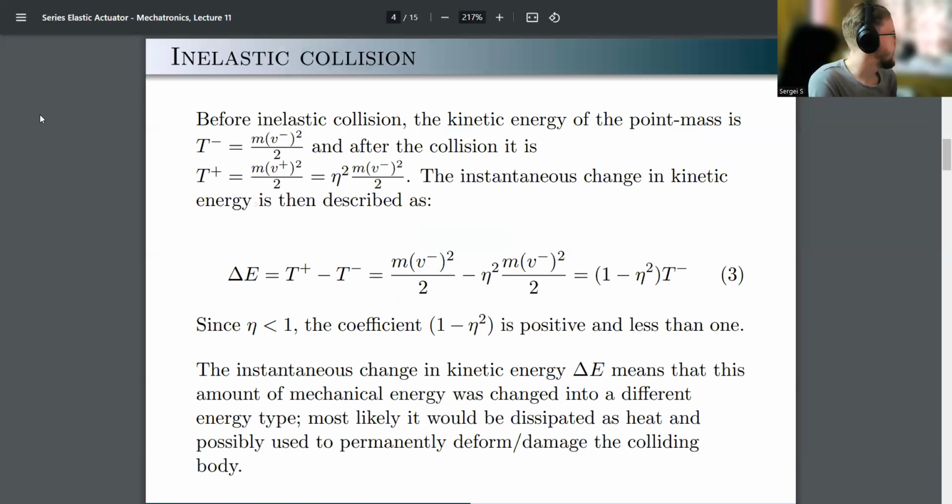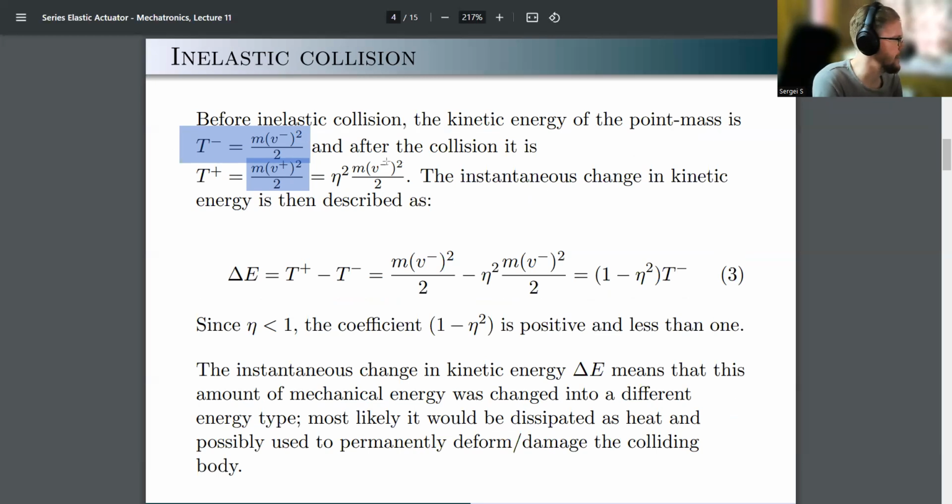Now, we can consider kinetic energy in the inelastic collision. So kinetic energy before the impact was mv squared divided by 2, right? After the impact, same, but the velocity changed, remember? So after the impact, velocity is eta times v minus.